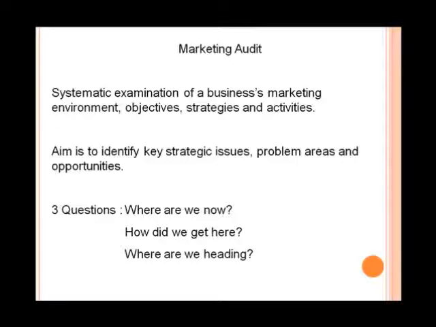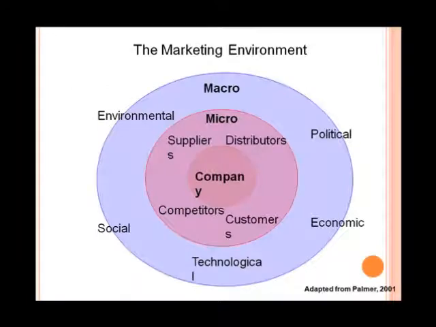Now what you will be looking at is your macro environment, which is obviously everything external to your organization. And you also talk about your micro environment, so everything that's directly related to your organization.